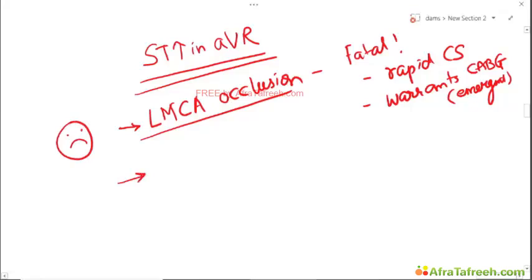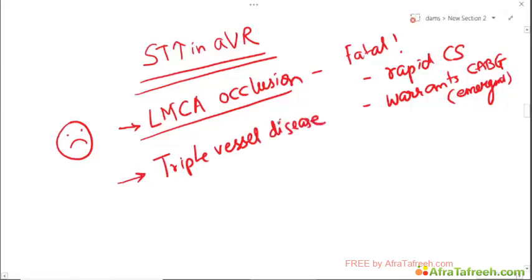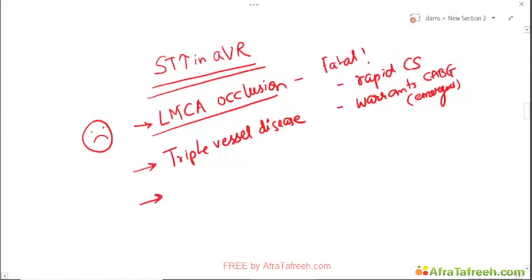Okay. Next is triple vessel disease. Presents similarly, but the clinical picture is not as bad as a left main coronary occlusion, acute occlusion of left main coronary artery, right? Okay.